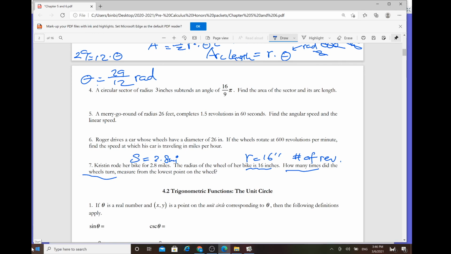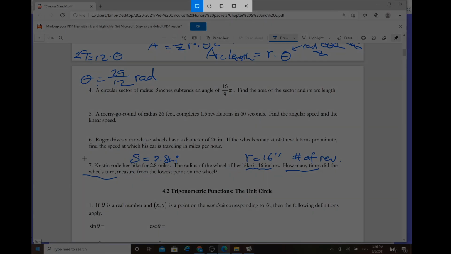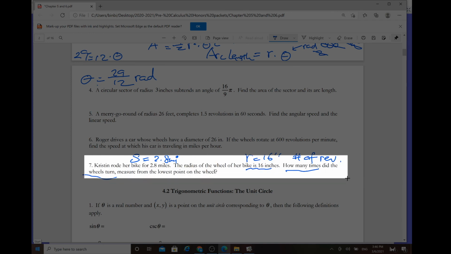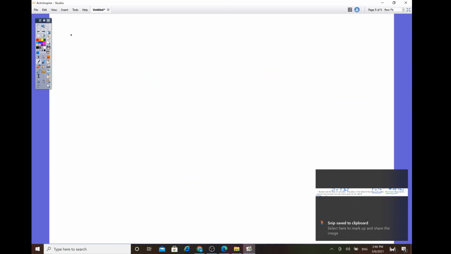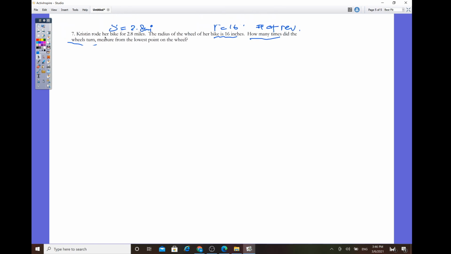Okay, let's put it right here. The first thing you want to find out is theta.